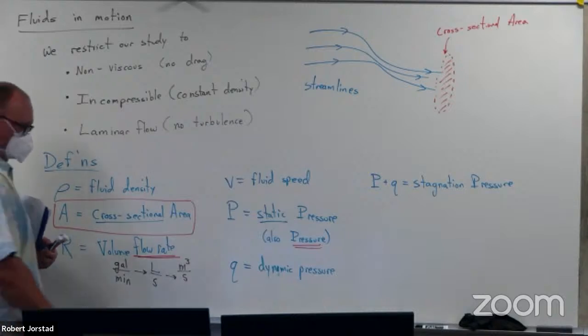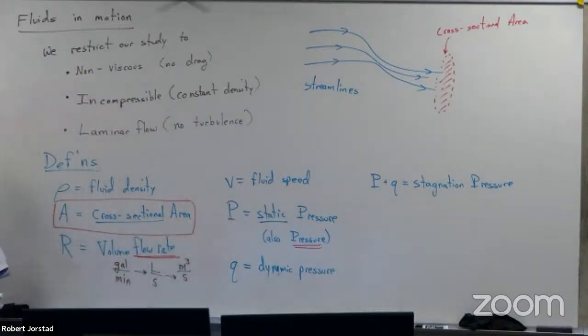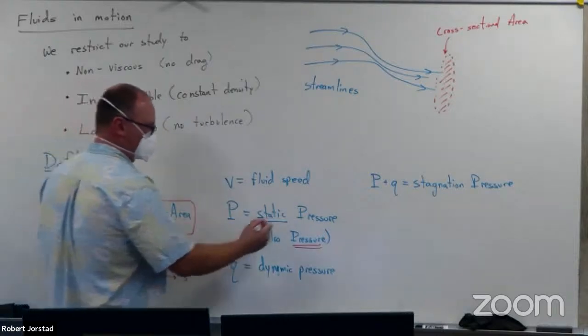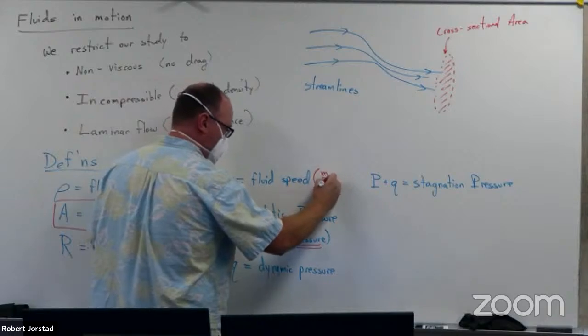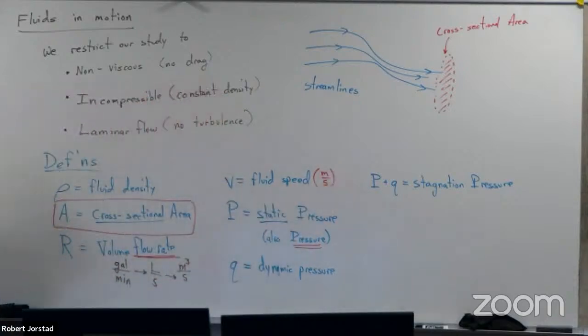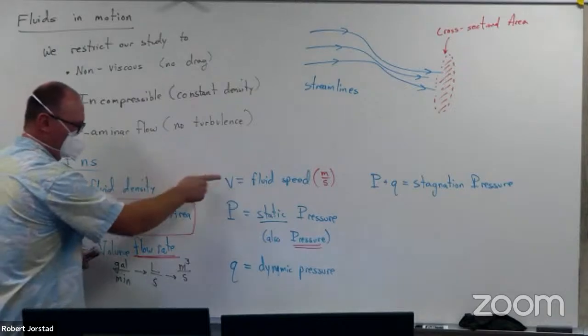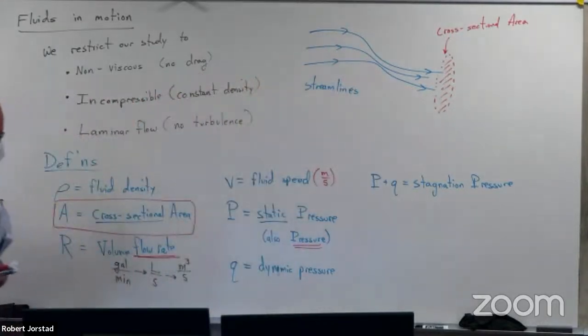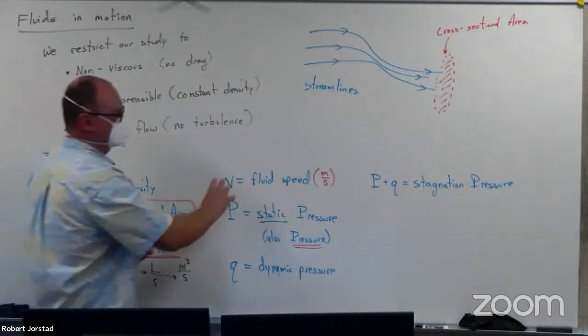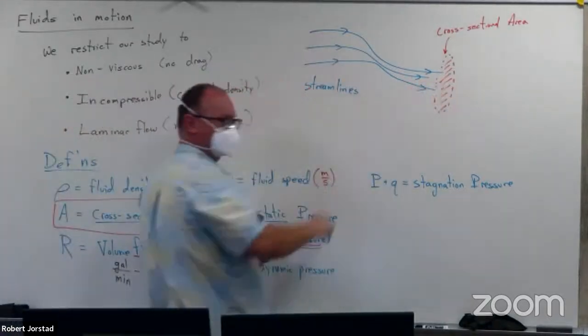When I say pressure, I mean this term. Fluid speed, what are the units of any speed? Meters per second. So that's how you can sometimes tell the difference. Speed is literally how many meters per second one molecule is moving as it travels along these streamlines. Volume flow rate is the amount of volume per second passing through that surface area.